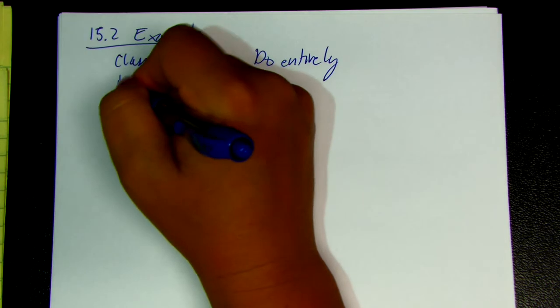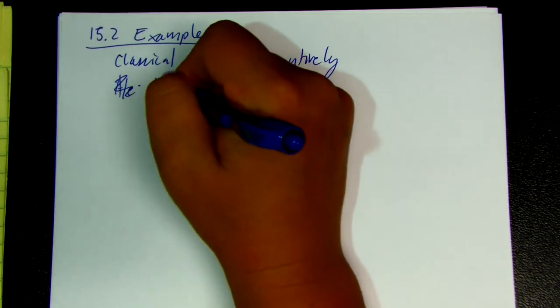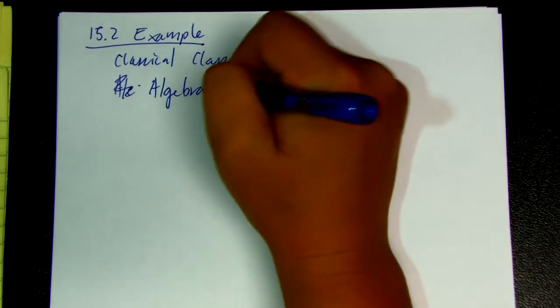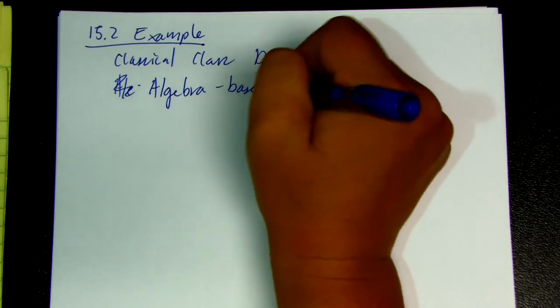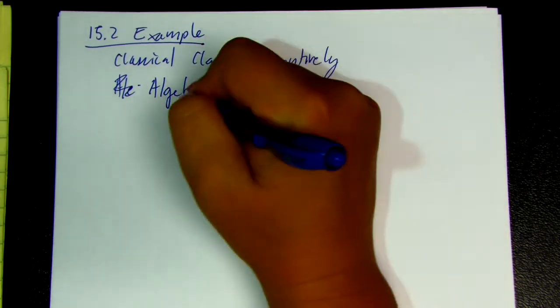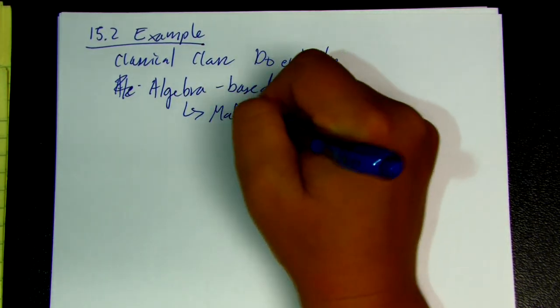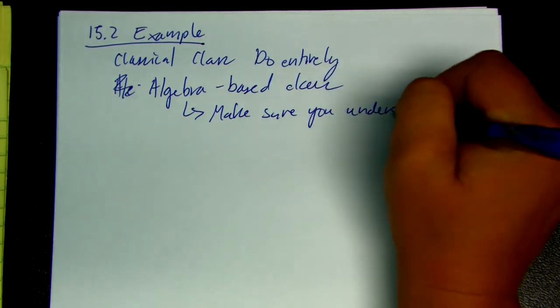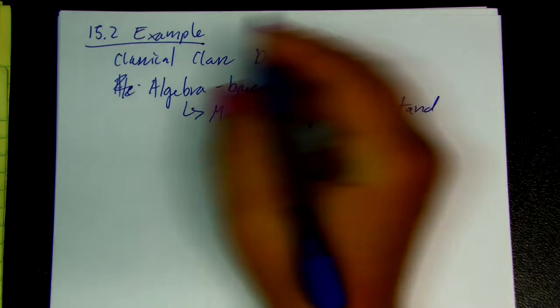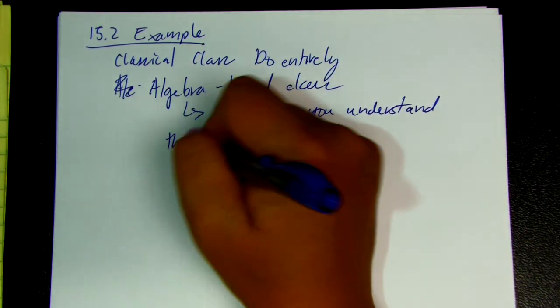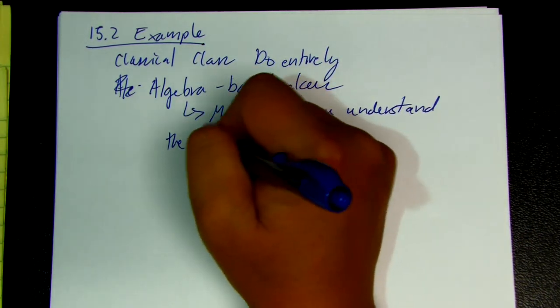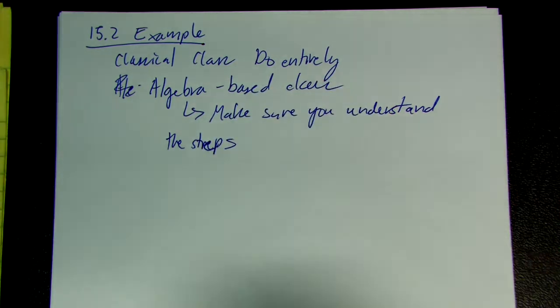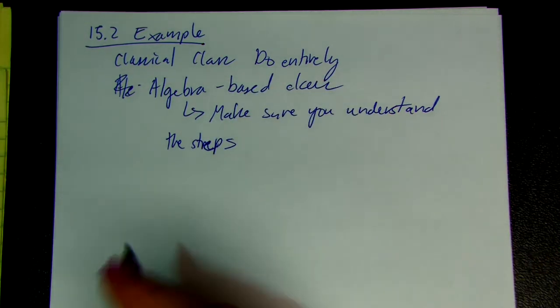And in the algebra-based class, make sure you understand the steps. I don't expect you to do the integral, but I do want you to see how the sum is set up and how to reason through something.